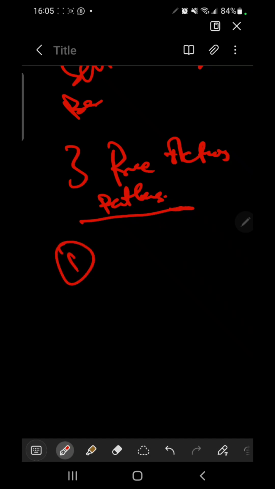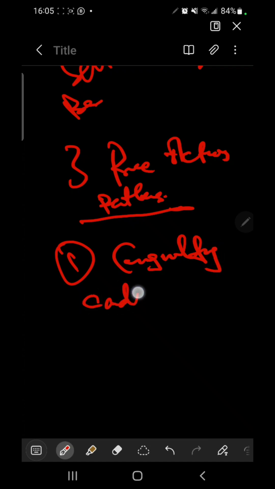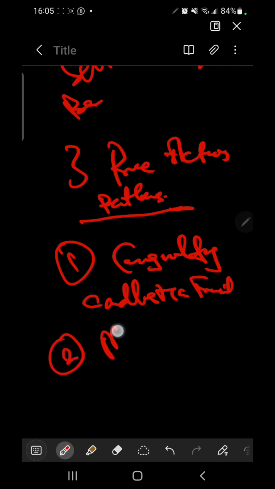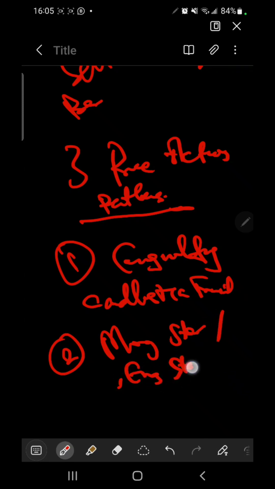Number 1 is called the engulfing candlestick formation. Number 2 that we're going to be focusing on is the morning star or the evening star candlestick formation.